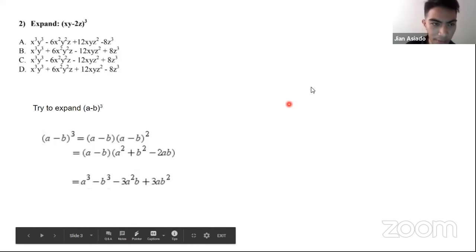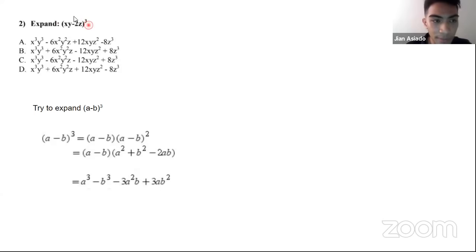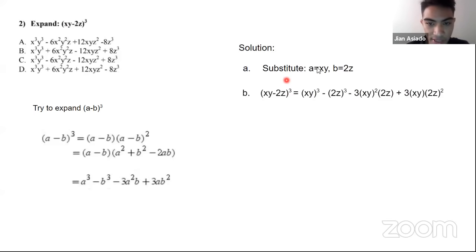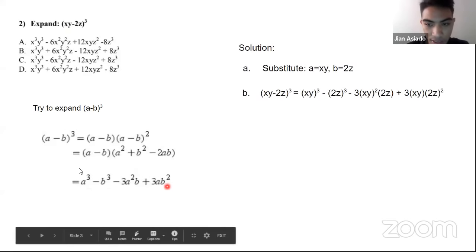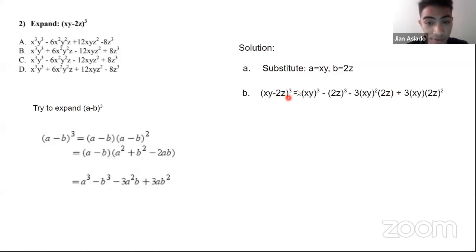What I usually do to simplify complicated-looking expressions is substitute them into simpler ones. For example, A is equal to xy, and B is equal to 2z. Since we substituted, we can apply the formula here too: xy minus 2z raised to 3.